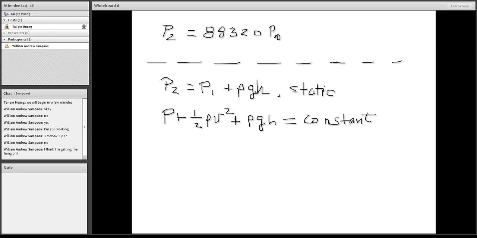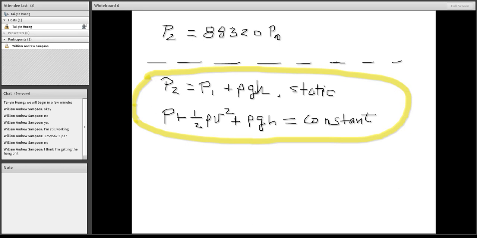So the first equation is applicable only when you're dealing with a static situation, and when the fluid is actually moving, then you have to use Bernoulli's equation. I just want to point out when you use each. Bernoulli's equation is for when the fluid is moving. And the top one is, if you recall, the static situation.